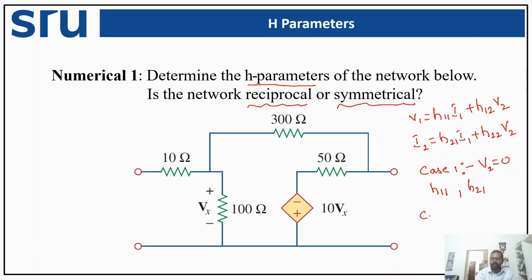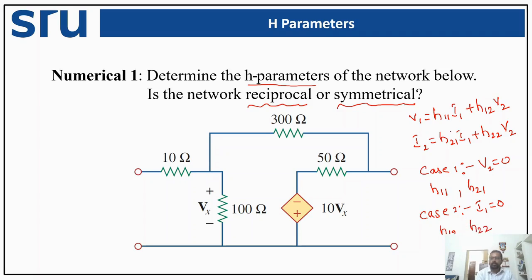In case 2, we make I1 equal to 0. We are opening the input port. As a result, we are going to compute the other two parameters, namely H12 and H22.